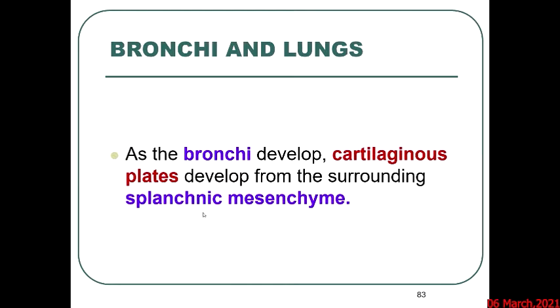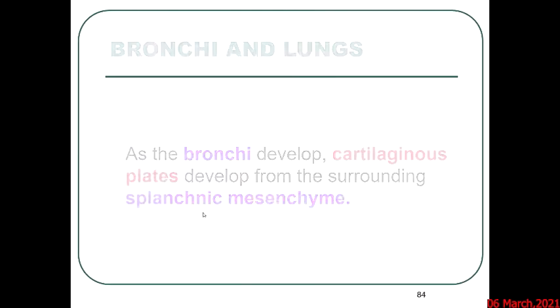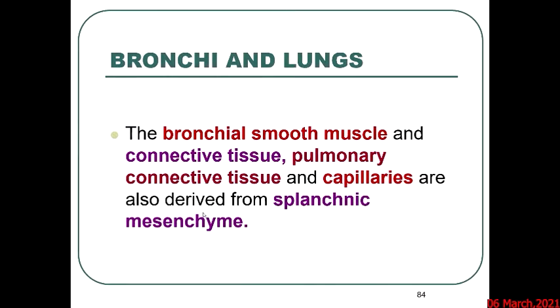The different shapes of hyaline cartilaginous plates. They are formed from the splanchnic mesoderm or mesenchyme. The bronchial smooth muscle, pulmonary connective tissue, capillaries, everything develops from splanchnic mesenchyme or splanchnic mesoderm.